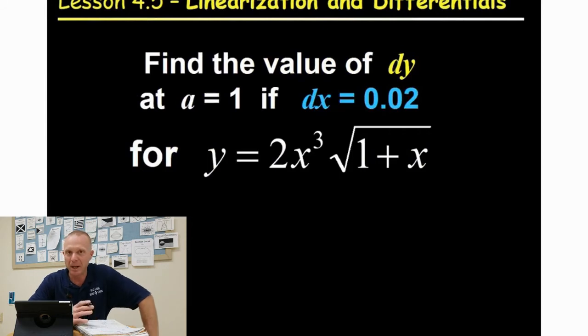Okay, what we're going to do is find dy at a equals 1 if dx equals 0.02. Now, the good news here is that all this really ends up being is a derivative. It just ends up being a derivative in a differential form. And a differential form is when I split dy and dx.